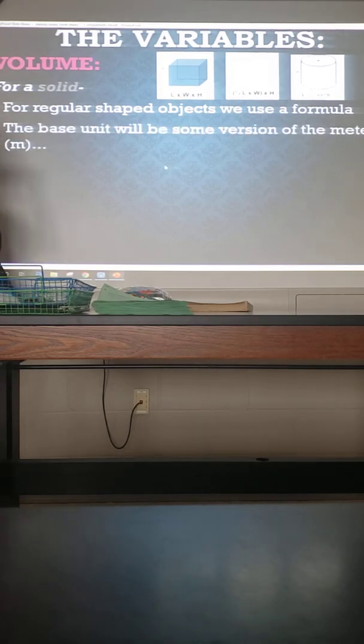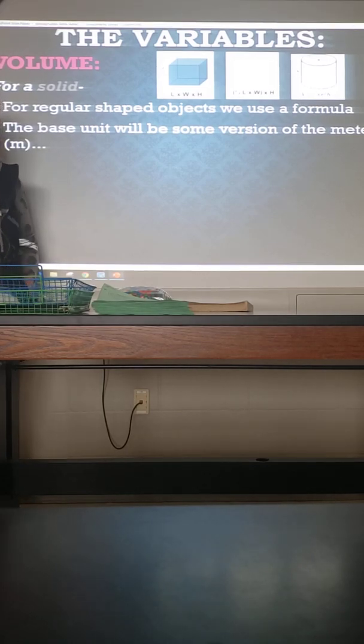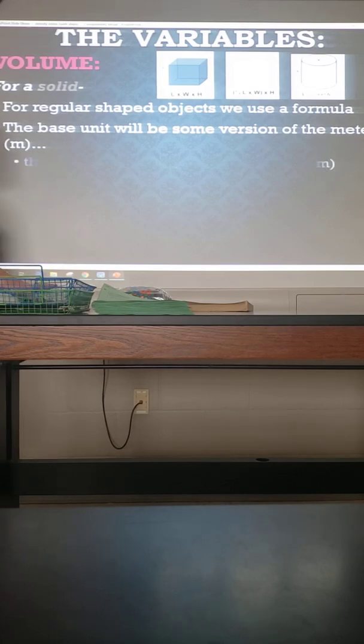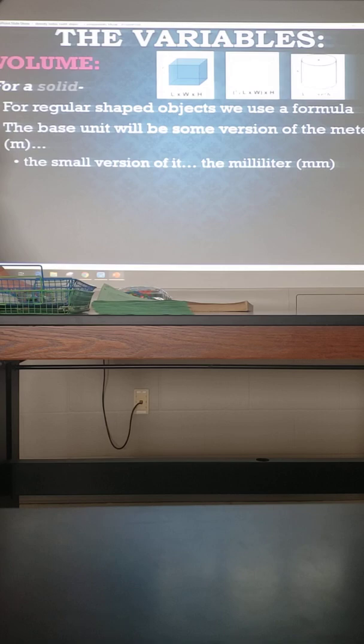The units are always going to be some version of the meter. So a centimeter, a meter, maybe a kilometer if you're dealing with something really, really big. The base unit is always some version of the meter. Typically for us, it's going to be the centimeter. If we're going really small, it might be the millimeter.